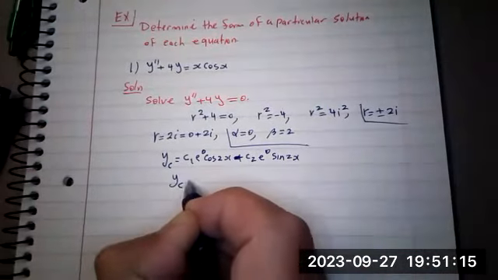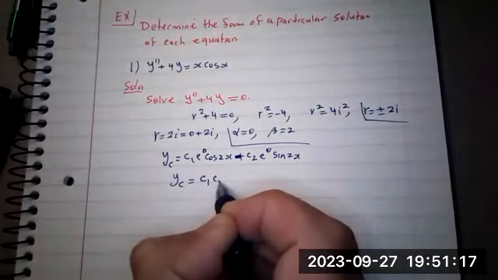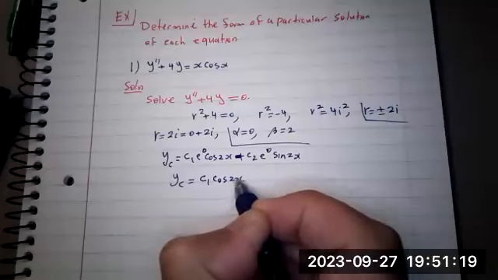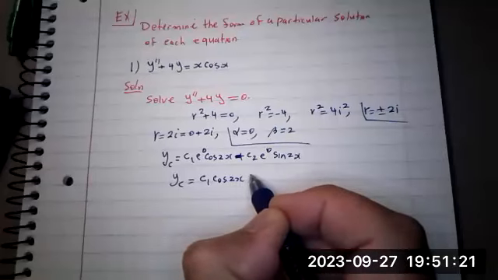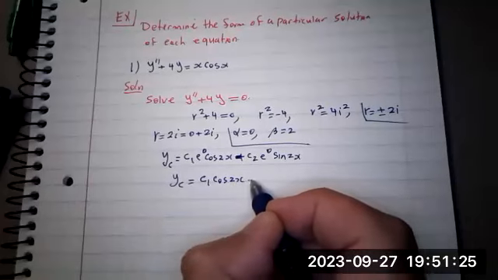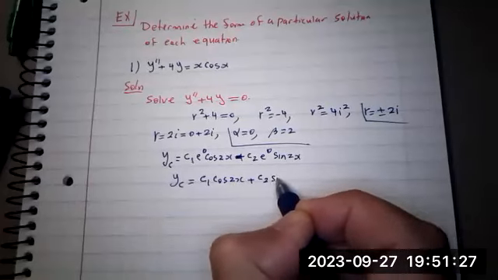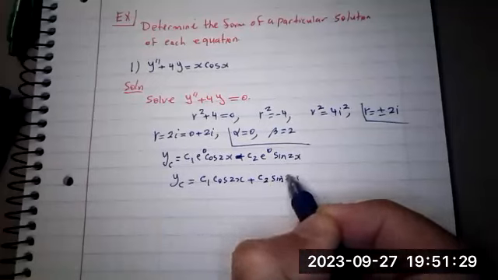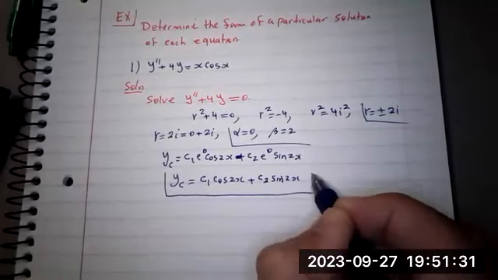So yc would be c1 cosine of the 2x plus c2 sine of the 2x. So this is your yc.